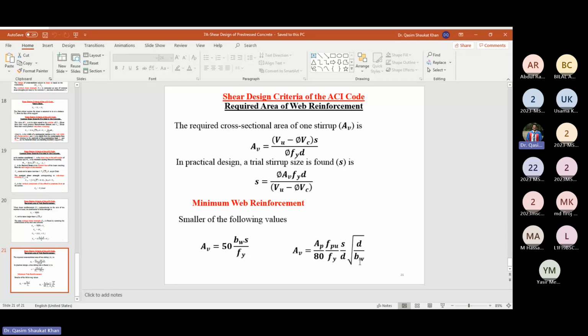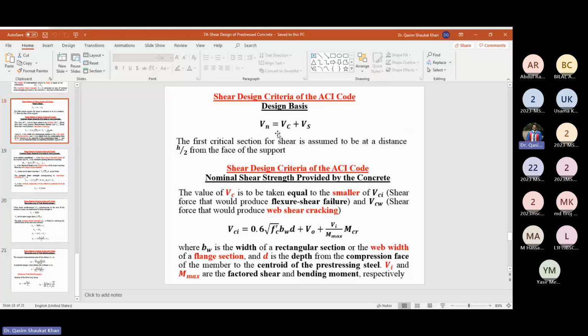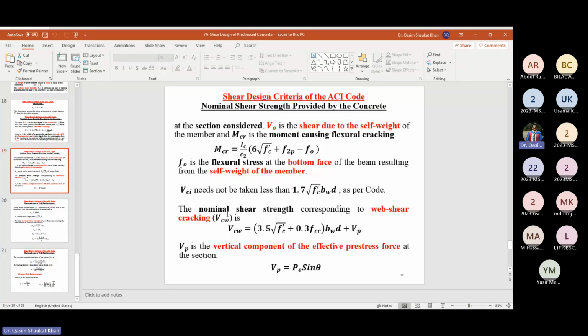So next time inshallah we will do the numerical in which we will do the shear design for the pre-stressed concrete beam. If you see, it's quite simple. What we need to do is calculate the contribution of the concrete and the steel. The contribution of the concrete should be the smaller of VCI and VCW, so we have the formulas to calculate VCI and VCW.